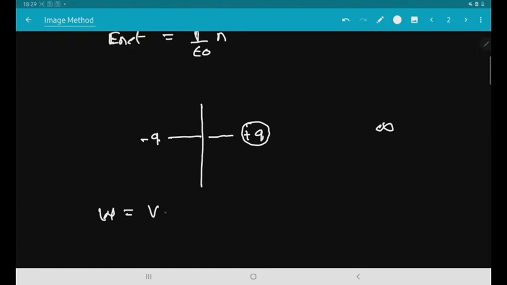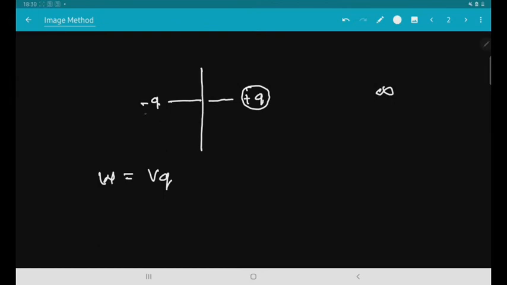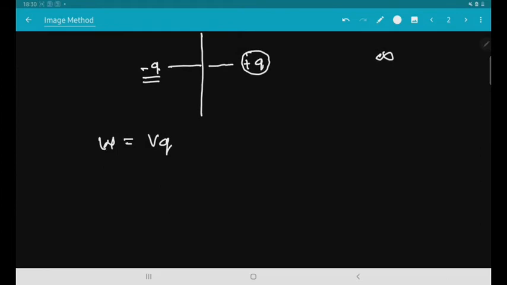Okay, and what we will do is we will use this concept of work. Work is equal to V into Q, potential into charge. Now, potential we will calculate for this negative charge. For this negative charge, what will be the potential? It will be minus kq by the distance. The distance is 2d.